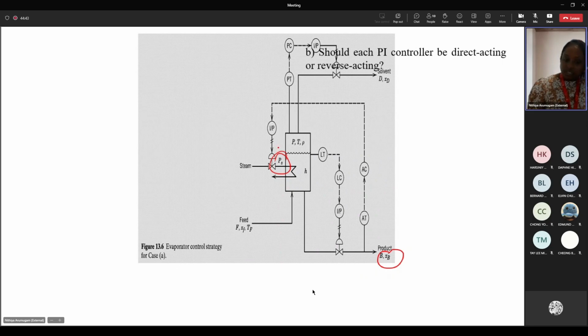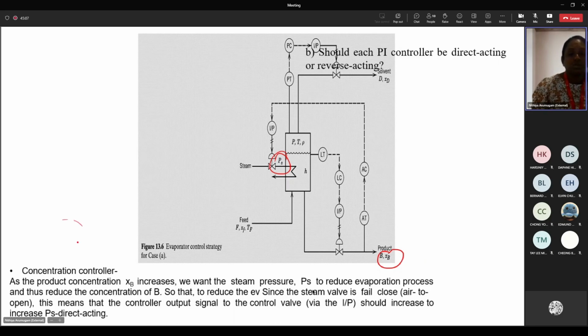So we can reduce the evaporation since the steam valve fails closed. Meaning the controller output signal to the control valve should increase to increase PS, direct acting.